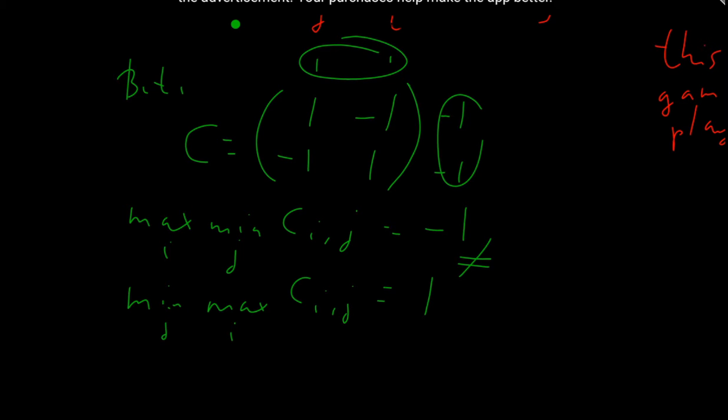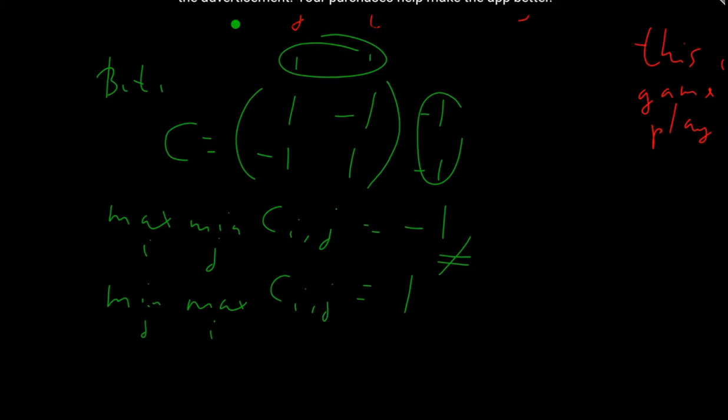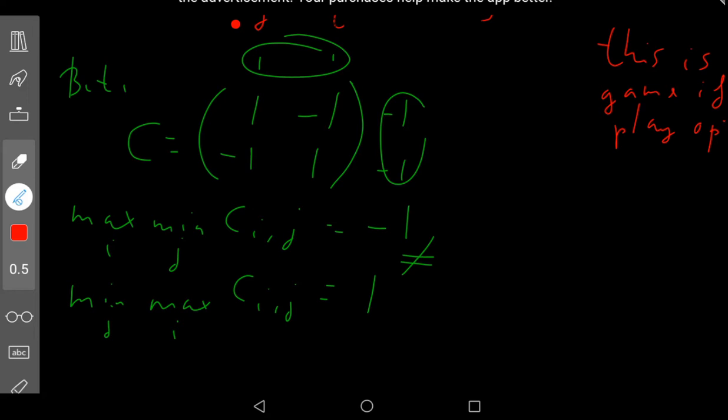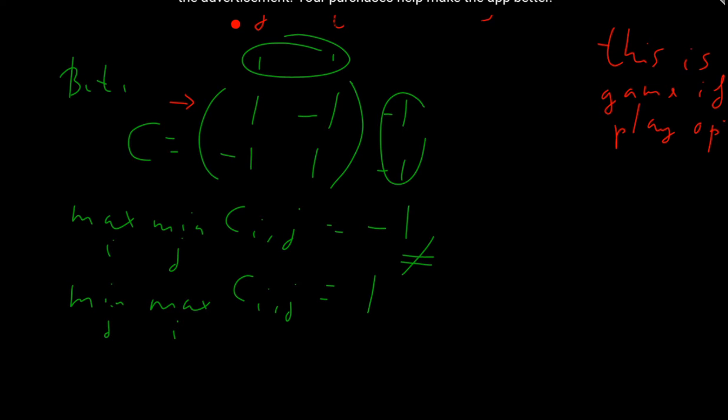This means that there is no optimal strategy for any of the players picking only one row or column. Because, for example, if player 1 just picks the first row, then of course if player 2, player B, knows that player 1 chooses the first row, then player B should choose this column. But if player A knows that player B will choose the second column, then player A should switch, because by the switch the game value just increases, which is good for player A because player A wants to maximize.